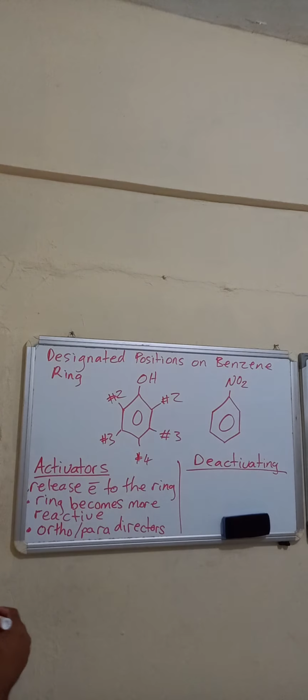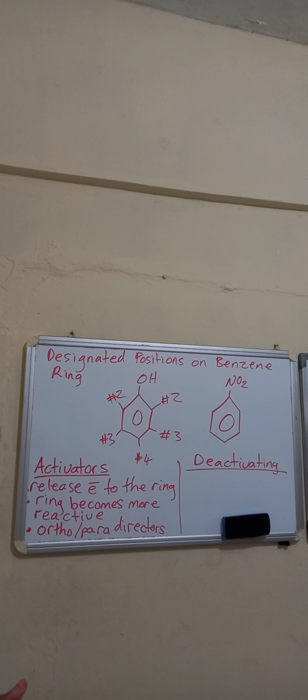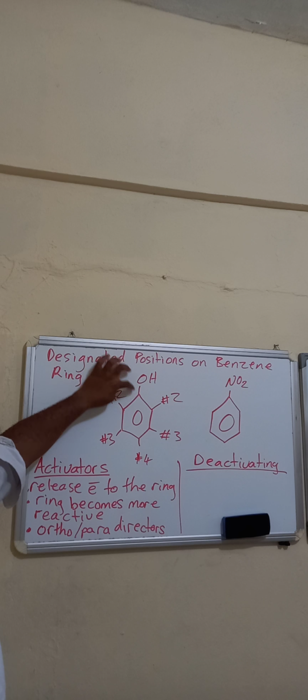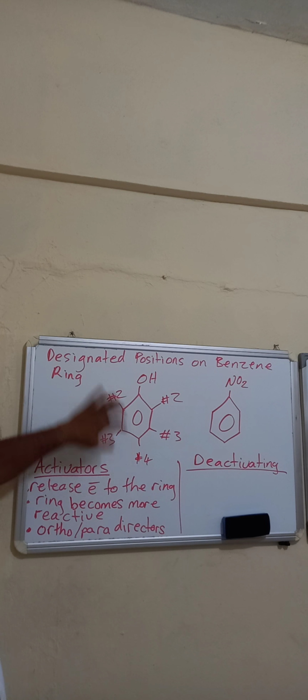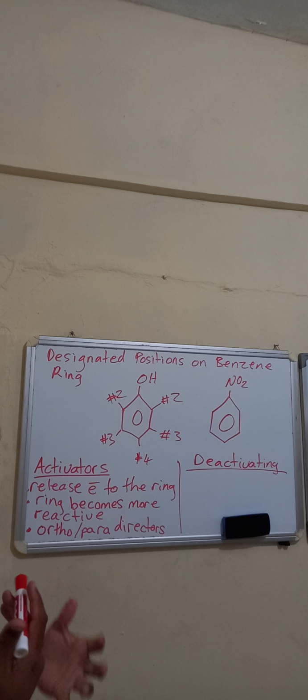Alright, so the OH group is an example of an activator. It is an activating group, so it tends to release electrons to the benzene ring. That makes the ring more reactive.